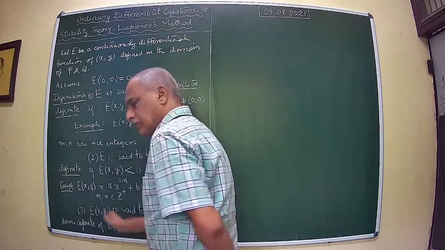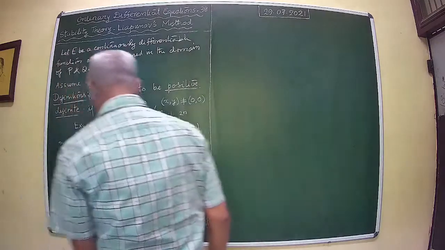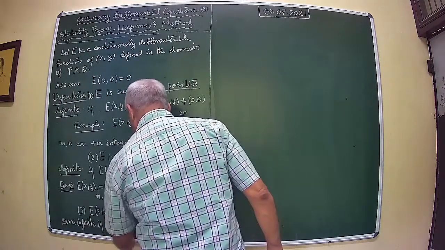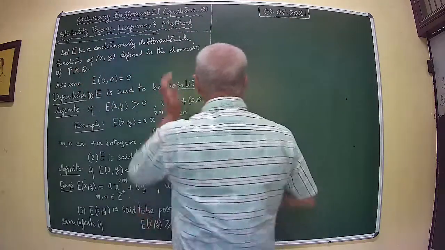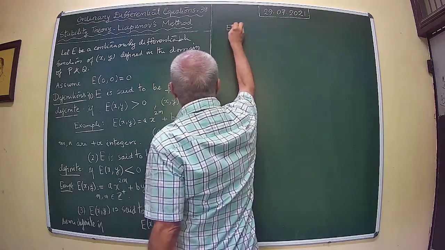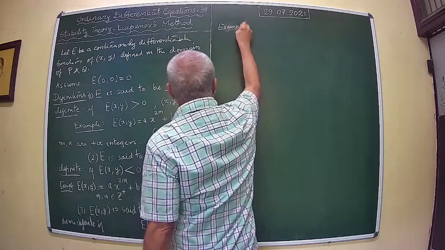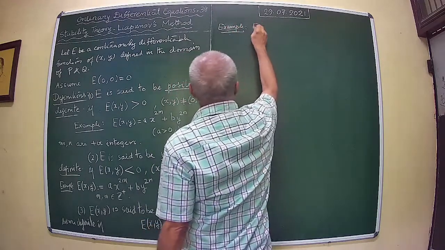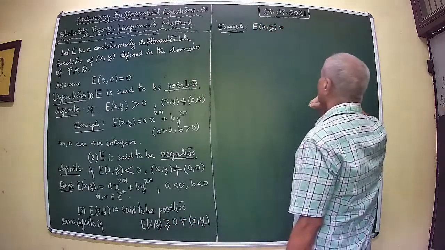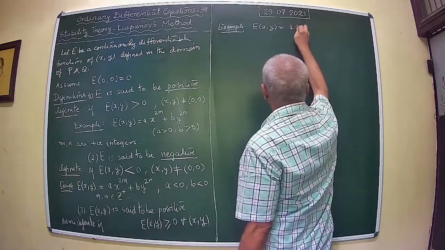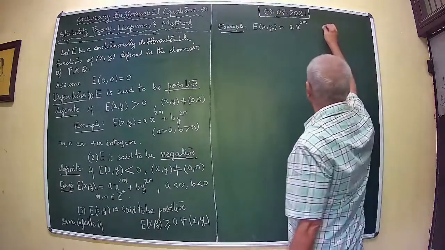In fact, E(0,0) equal to 0 is included in that, so I think I can take it out. An example of such a function is to define E(x,y) to be equal to A x to the power 2n, where A is positive.